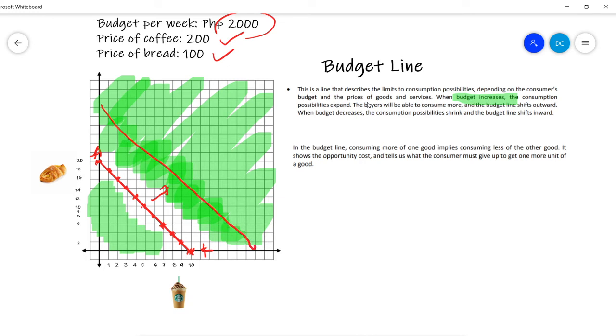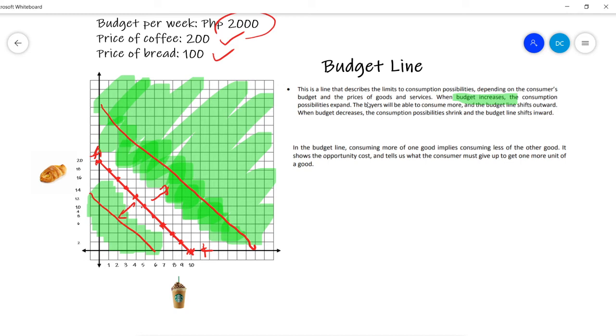Okay? Kapag naman yung budget or the income that we can get decreases, okay? The opposite will happen. It will shift the budget line to the left. Meaning, bumaba yung ability natin to purchase more. The consumption possibilities shrink and the budget line shifts inward.